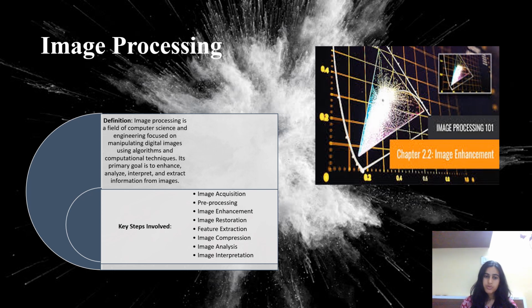And image processing combined with artificial intelligence can do a lot in today's world. Here are some key steps involved: capturing image, pre-processing, enhancement of the image, its restoration, feature extraction, then its comparison, and finally analyzing and interpreting it.